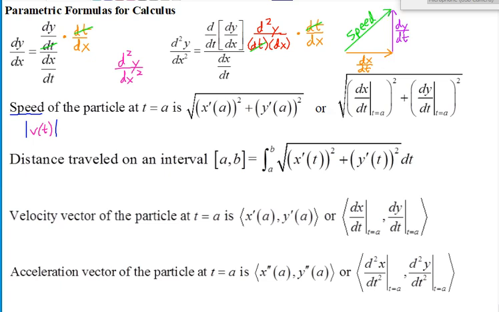So the speed formula, notice, just comes from the Pythagorean theorem. Because if you want to solve for speed, you'd have dx/dt squared, because you notice this forms a right triangle here, plus dy/dt squared.